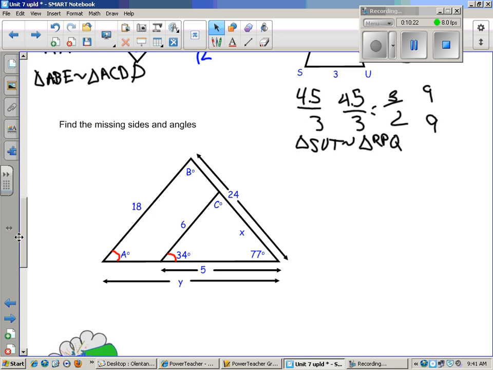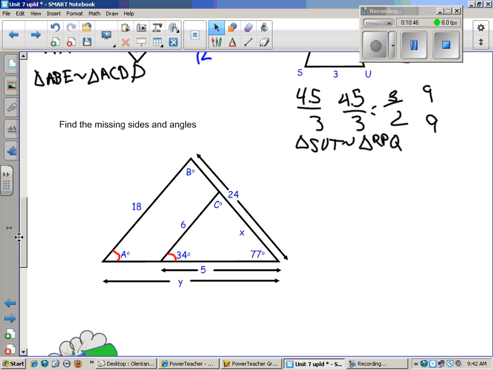Why? They have two similar sides. What are they? So, like the 18 and 6 and 5 and y, though?